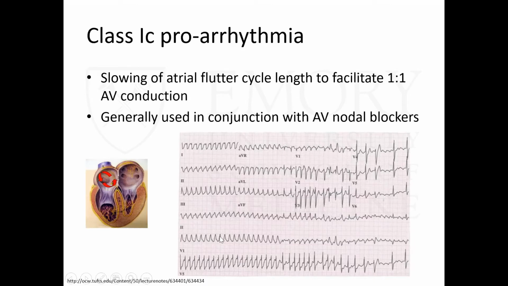You get this wide QRS at 200, 225 beats per minute. And this is actually atrial flutter with 1-to-1 conduction to the ventricle. And if you give them something to slow the rate down a little bit, the QRS becomes a little bit narrower. And you can see the underlying flutter waves here on the right side of the screen. But it's important to use these drugs with nodal agents.